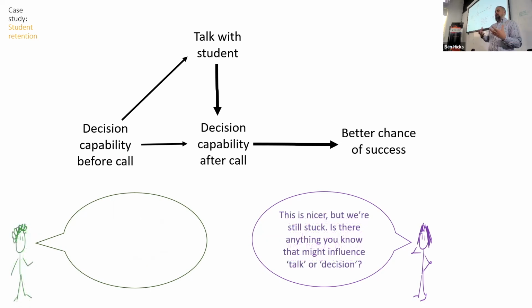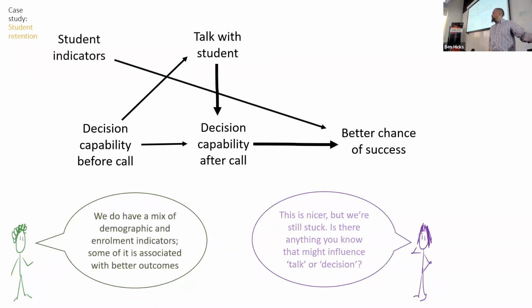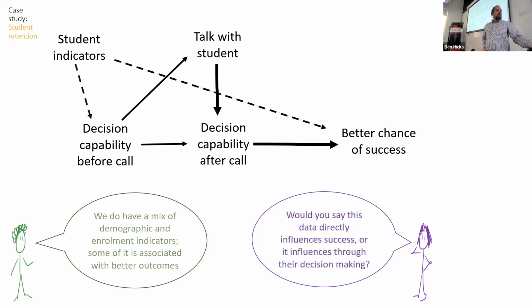What's happening here is that we're incrementally formalizing our structure to make it more interpretable for the machine. We then look at any other indicators that we might be able to measure, because at the moment we've got this decision-making capability which is kind of amorphous and latent, and we can't measure it.